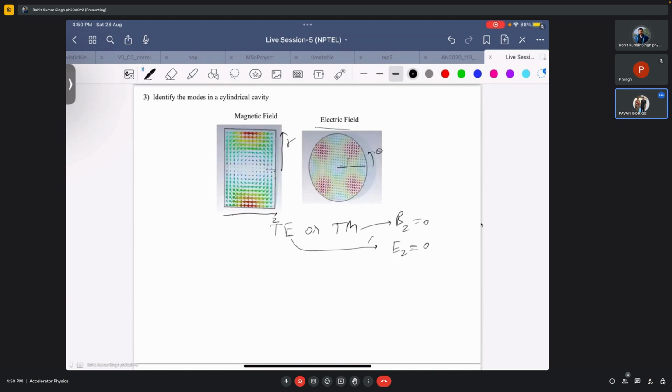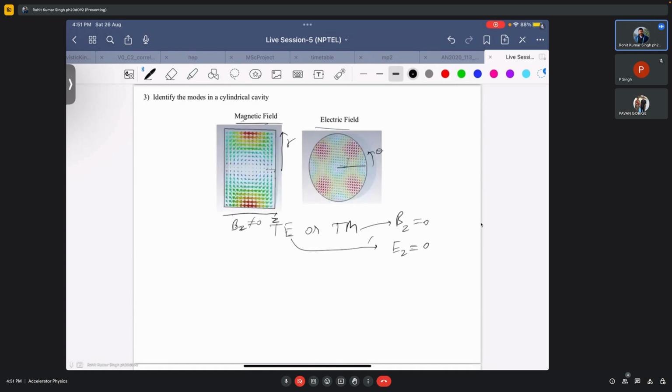It is TM? Why? Do you find Bz equal to 0? Bz is here, right? This is the magnetic field first plot, and it has magnetic field in the z direction. So Bz is not 0, so it cannot be TM mode, right? Correct. So this should be TE mode, transverse electric mode, right?